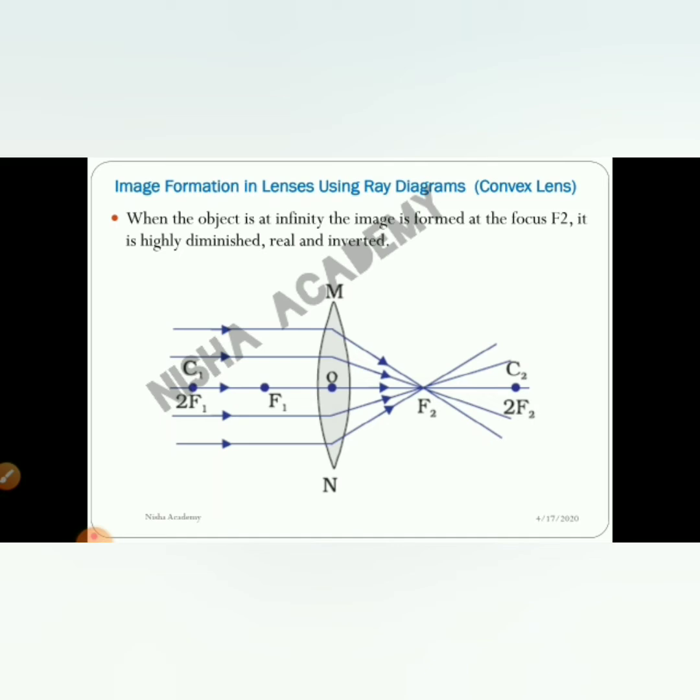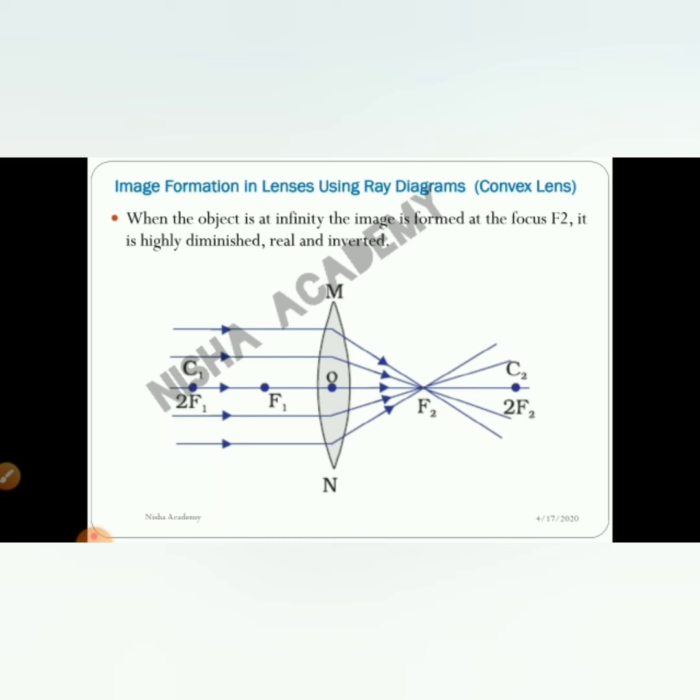So you can see that all the rays after refracting meet at focal point f2, and so we can say that the image is highly diminished, meaning very small in size, it is real and it is inverted. So this is the first case for the convex lens.